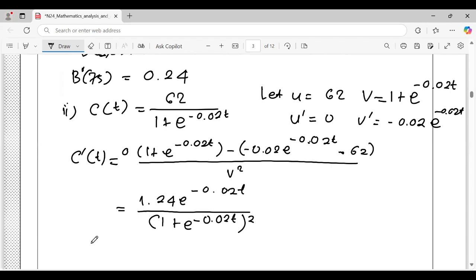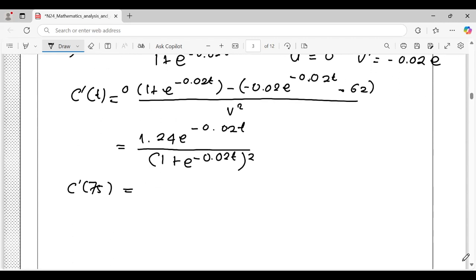And if you substitute 75 into the derivative function, the result is 0.185. This one.